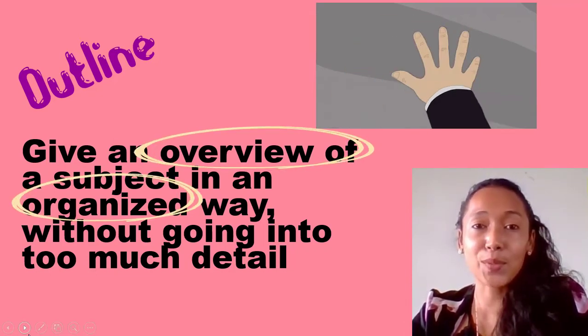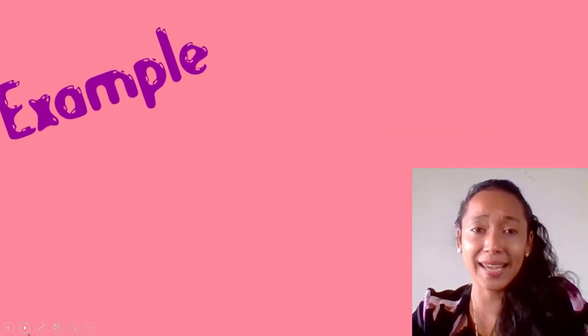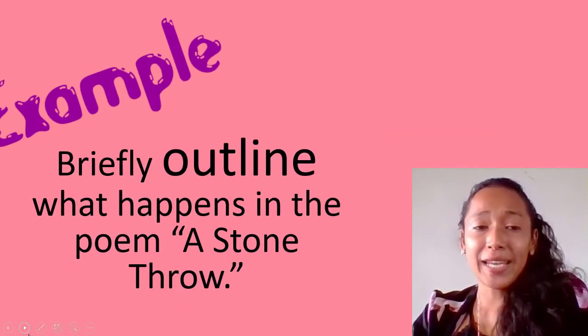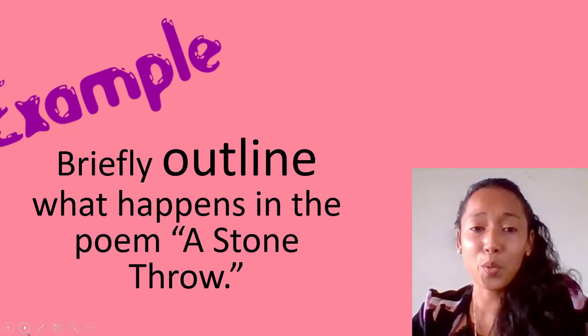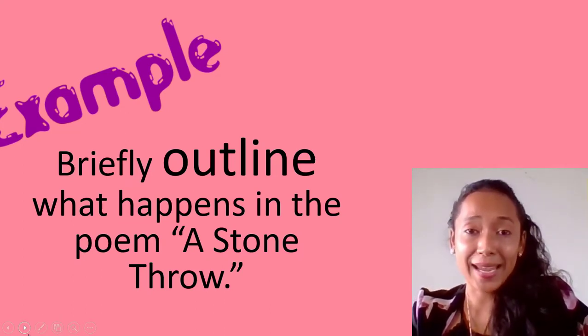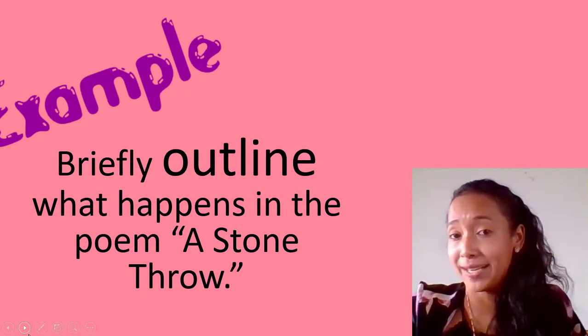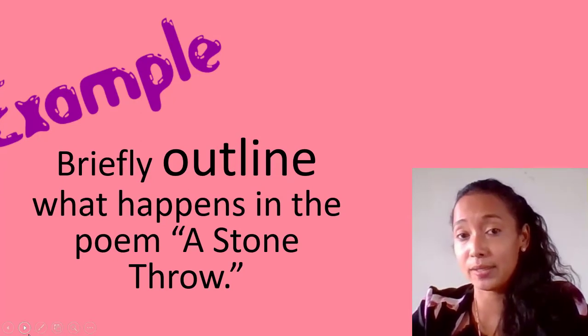Let's take a look at the example to better understand outline. The example says, briefly outline what happens in the poem A Stone Throw. If they're asking you to outline, they're asking you to give some form of organized pointers, right?